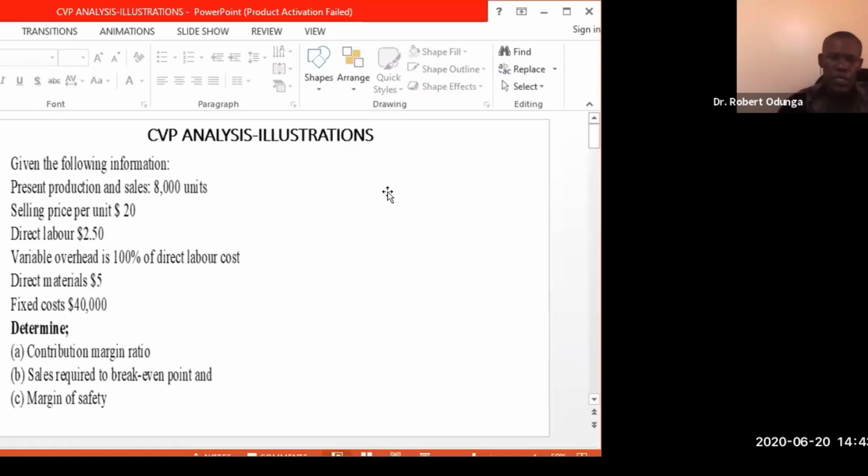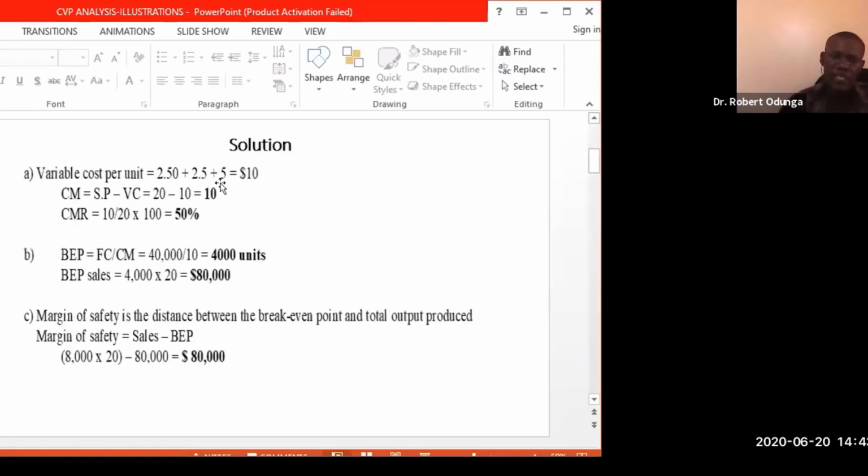So you can see our variable cost per unit is the addition of direct labor, variable overheads plus direct material, which gives us 10. Then our contribution margin is selling price minus variable costs, which is 10. Contribution ratio is 10/20 times 100, which is 50%. Then our break-even point is fixed cost over contribution margin, and this is 4,000 units.